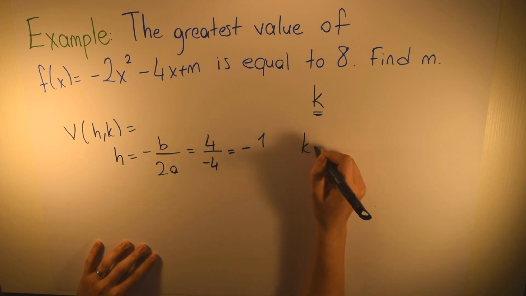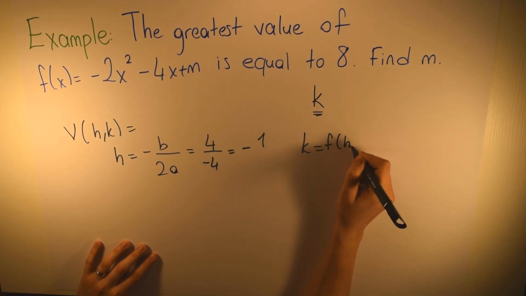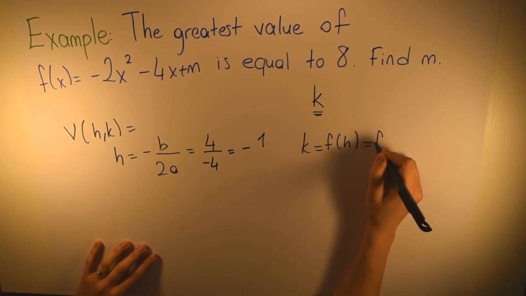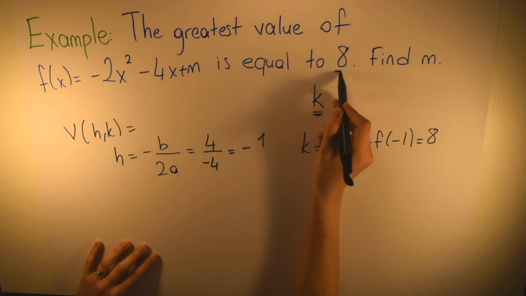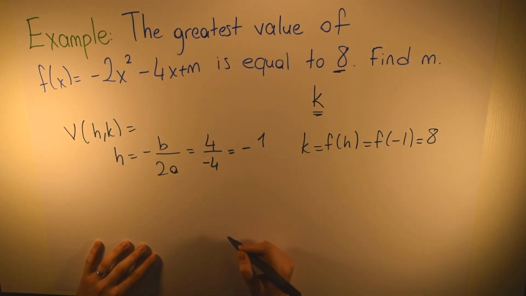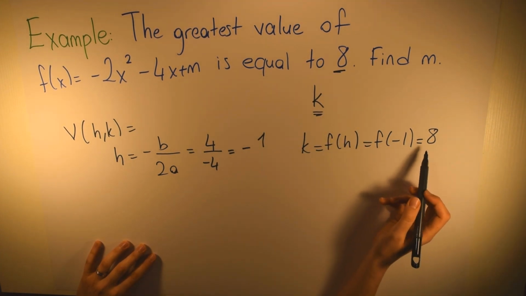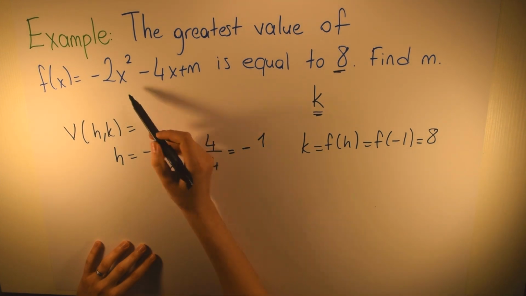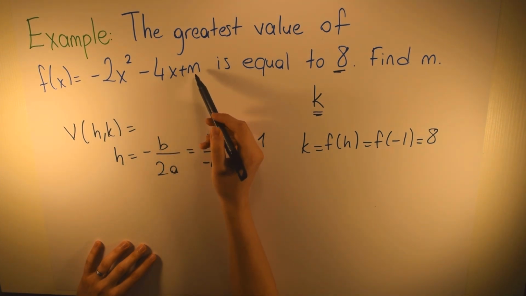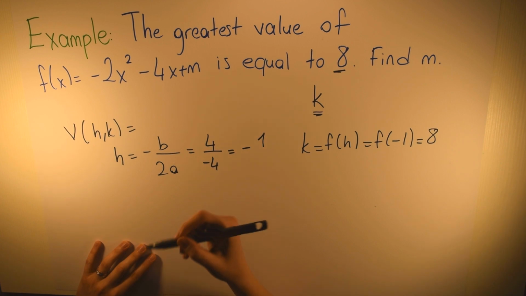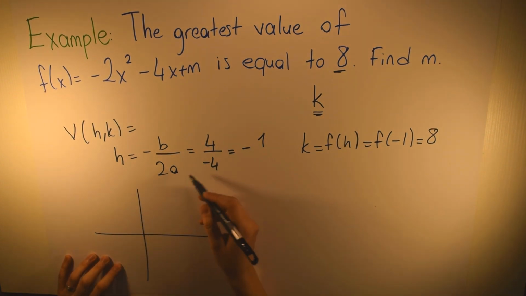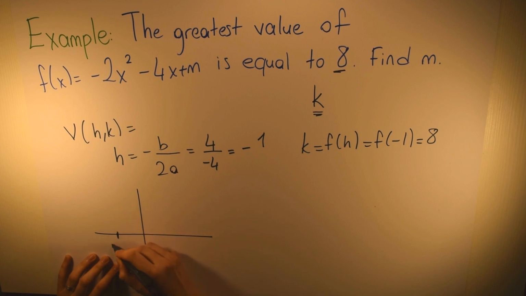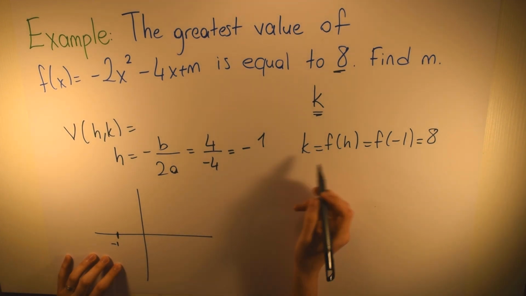So k is equal to f(h), right? Which is equal to f(minus 1), and this is equal to 8. This is given here. So to find f(minus 1), I will just put the value minus 1 instead of x here, and then I will be able to find the value of m. So our graph will be something like this. For example, our h point is minus 1, right? So our k is 8.